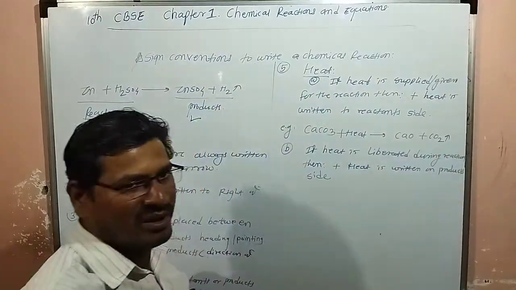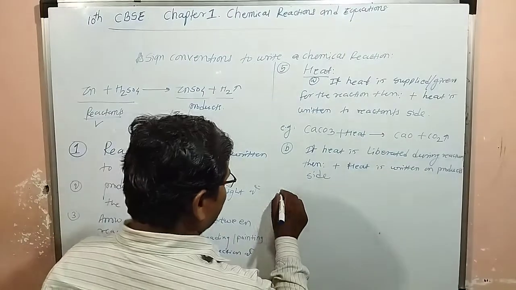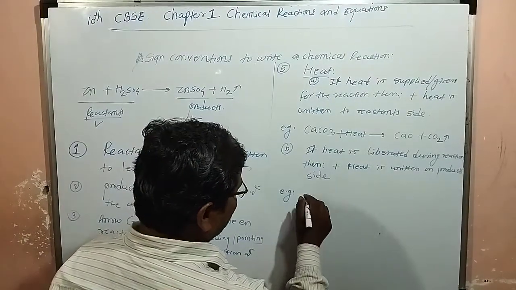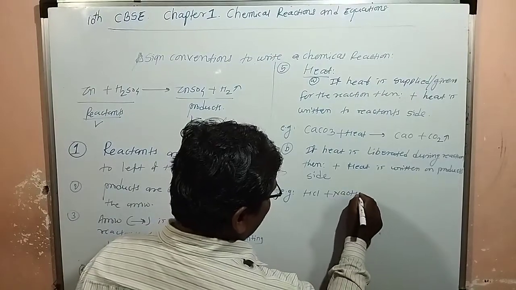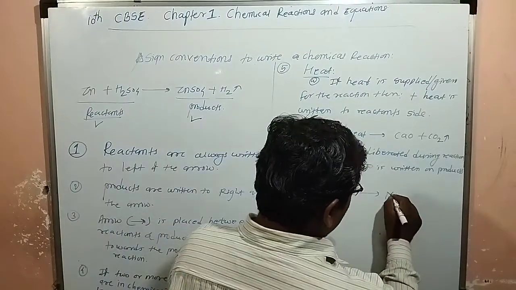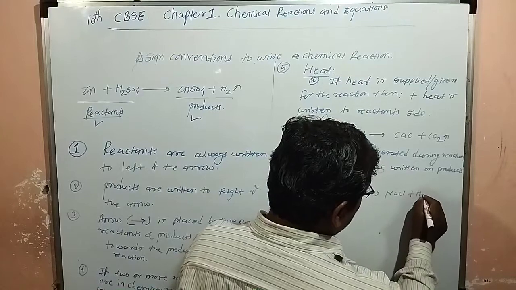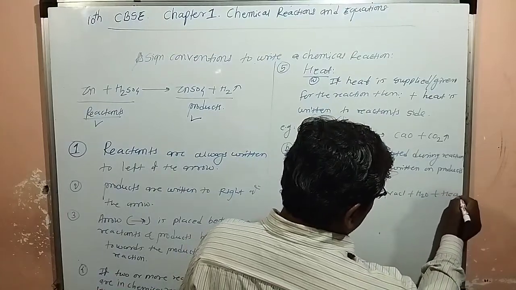For example, take the neutralization reaction, HCl plus NaOH gives NaCl plus H2O plus heat. You have to write plus heat.